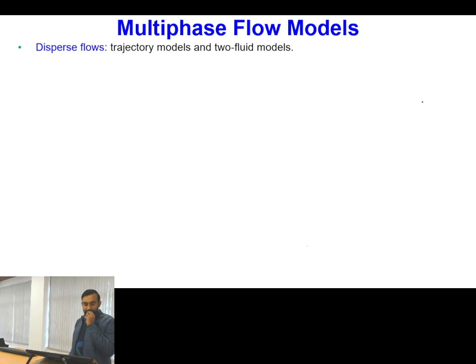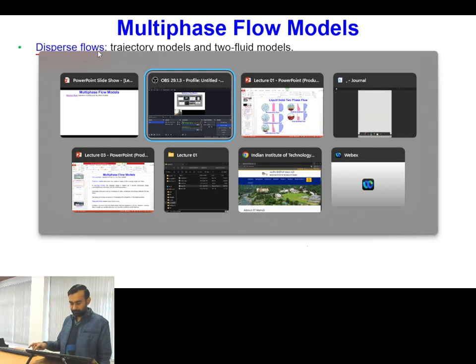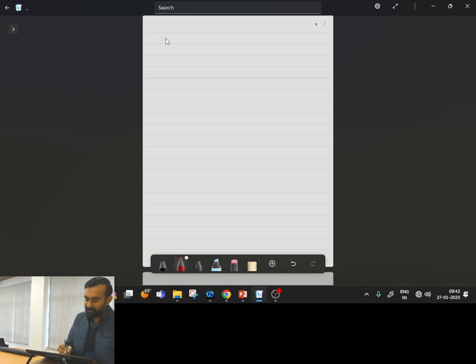Okay, so if I have a disperse multi-phase flow, what is the meaning of this? What is the meaning of disperse multi-phase flow? You should be able to predict now.